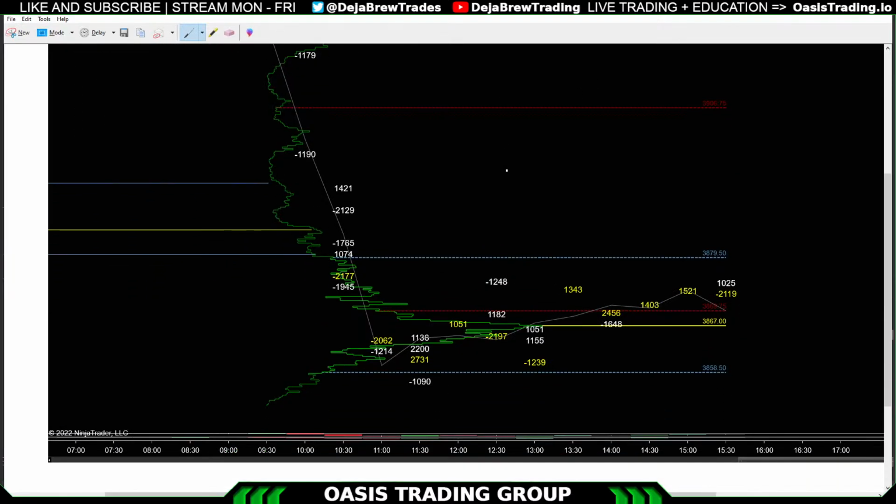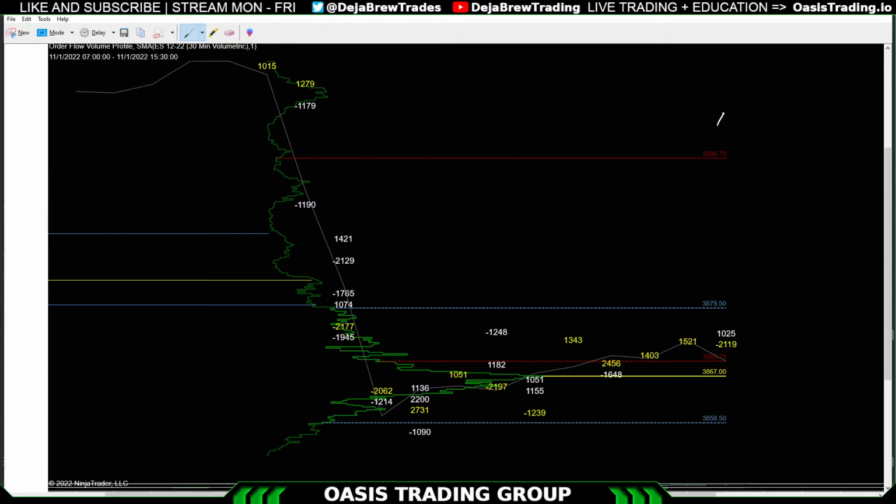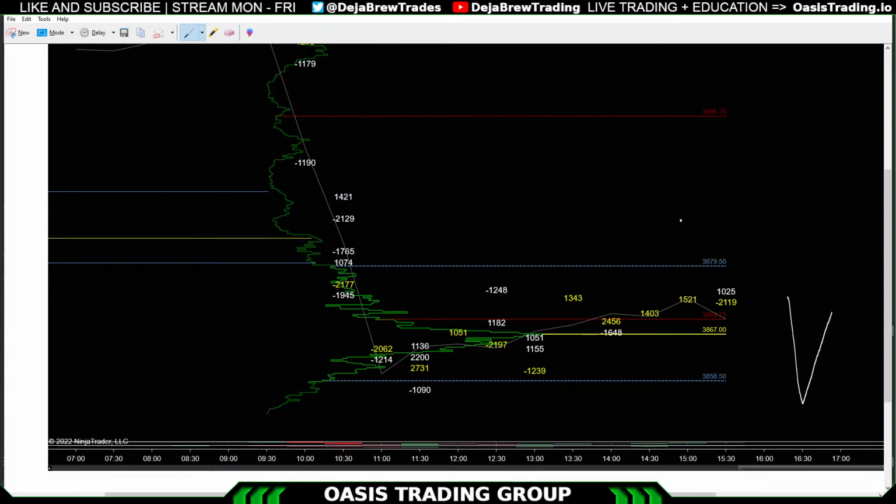So looking at the low, we see a similar pattern. So on the high of the day, we saw that A-shape reversal. Now on the low of the day, we see that V-shape reversal. Okay. So looking at the V-shape, what do we want to look for? We want to look for negative imbalances that are trapped on that low of the push.